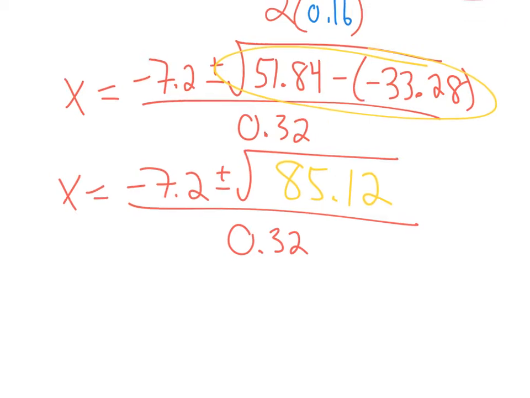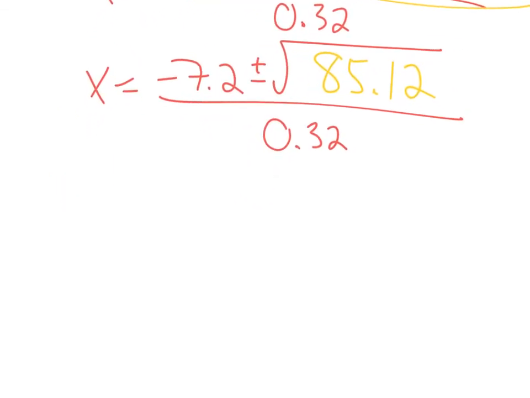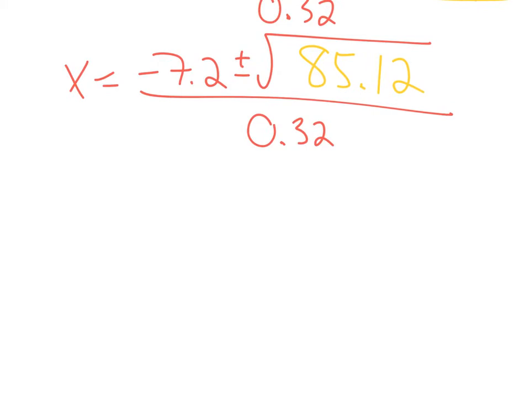Now the answers are going to become a little bit more complicated because we're going to have a lot of decimals, and we don't want to round any decimals off, so we need to keep the exact values. So we're going to square root 85.12, and that's going to lead to a long decimal, which we're going to keep on our screen, and we're going to separate the addition and the subtraction.